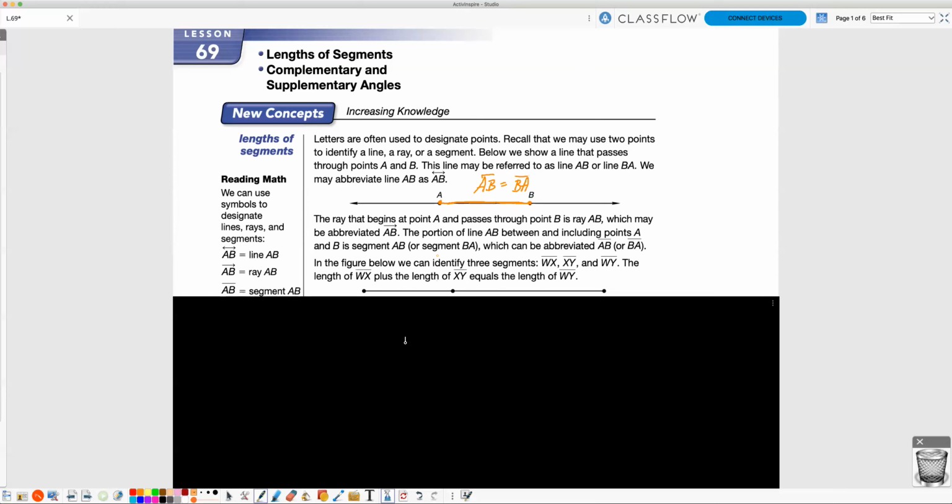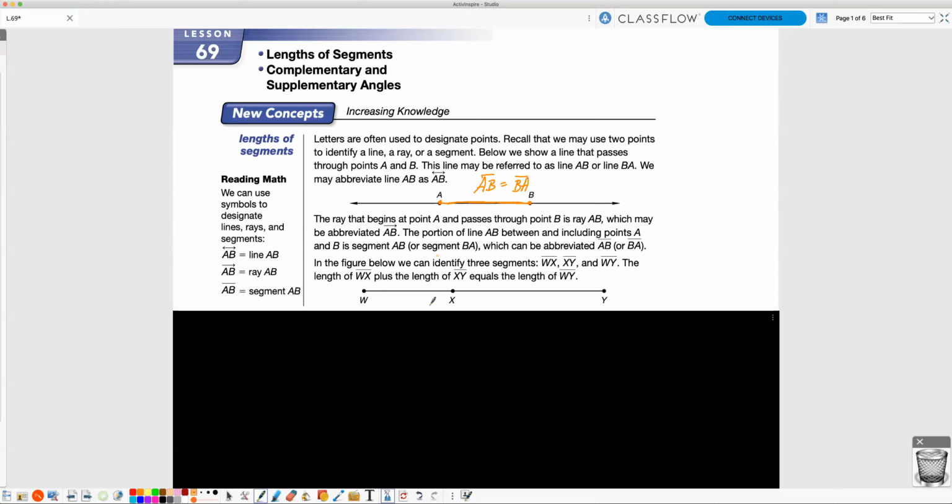In the figure below, we can identify 3 segments. There's segment WX, XY, and WY. You can see that the length of WX plus the length of XY equals the length of W to Y.